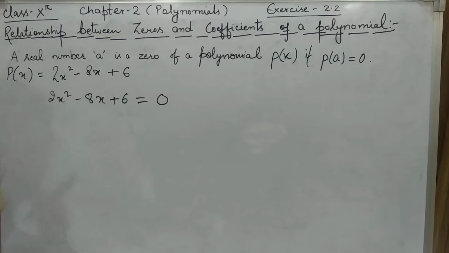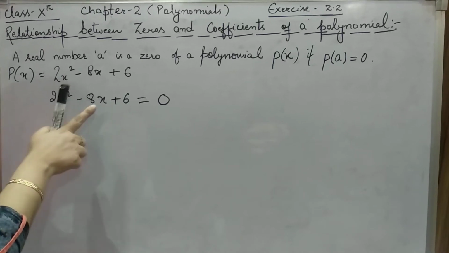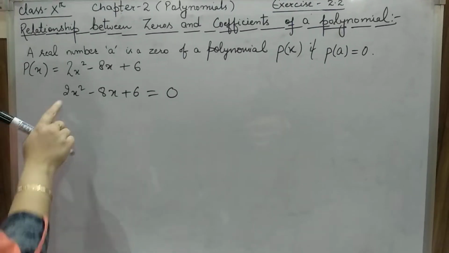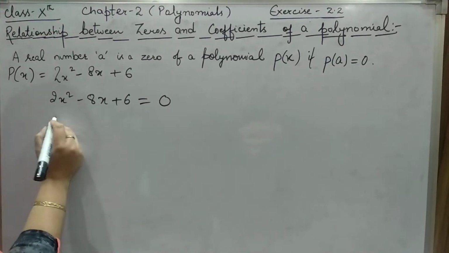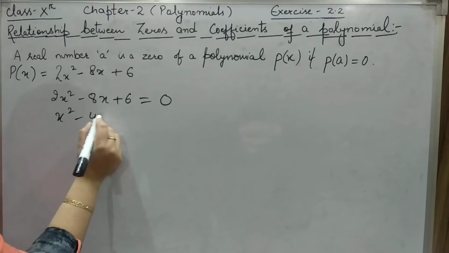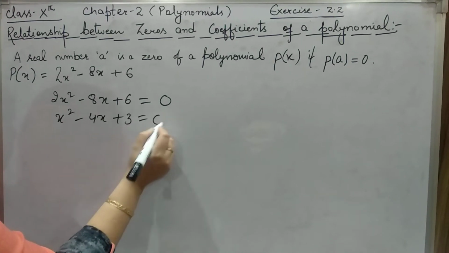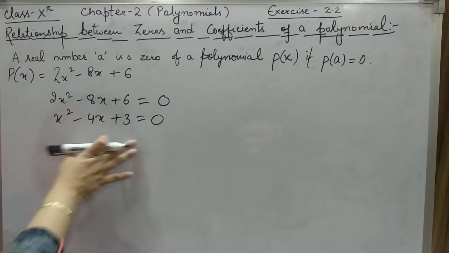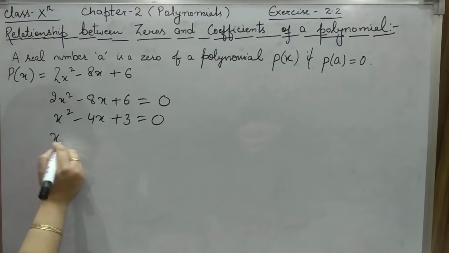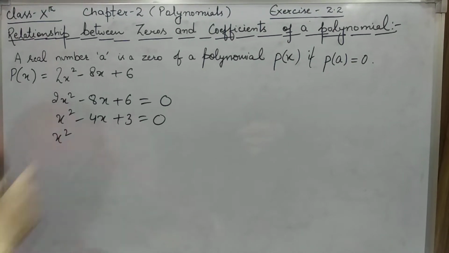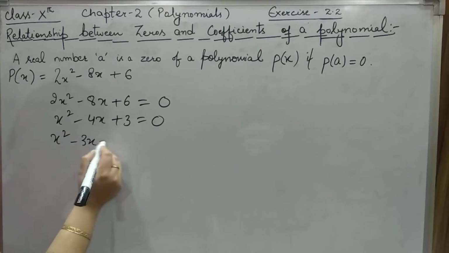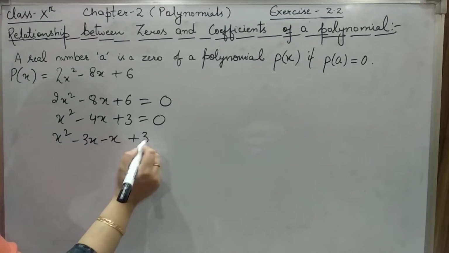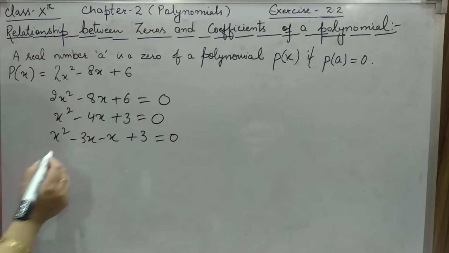with 0. And the next step is we have to split the middle term. First of all, we can take 2 common in all the 3 terms. So x square minus 4x plus 3 is equal to 0. We have to split it. x square minus 4x, and 3 into 1 is 3, so minus 3x minus x plus 3 is equal to 0.